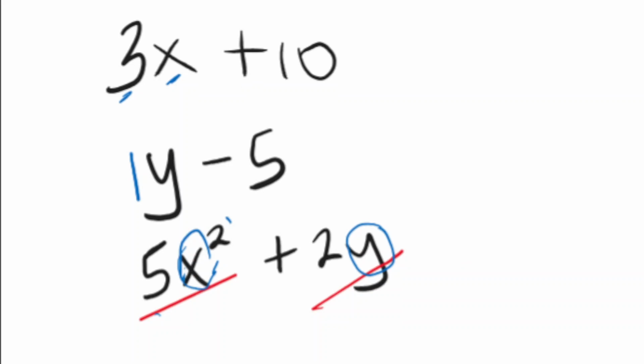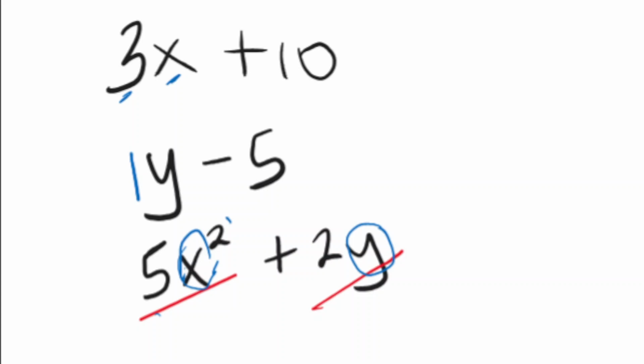Now let's look at what a constant is. Constants are the numbers in the expression that have no variable attached to them. They are just fixed numerical values.